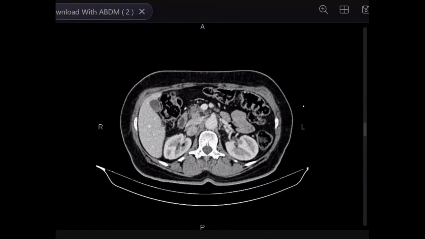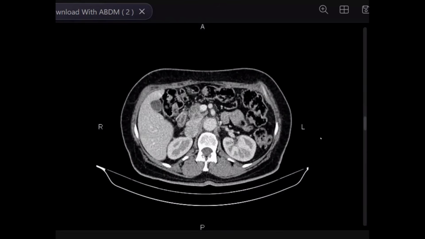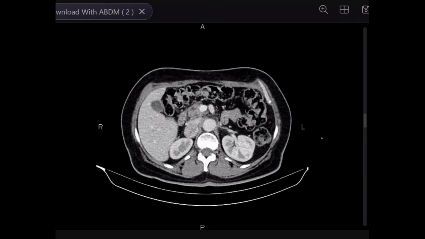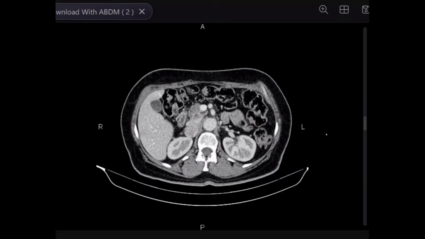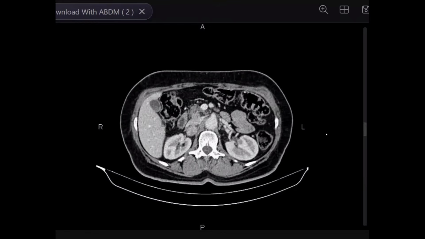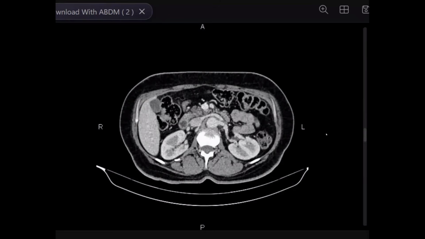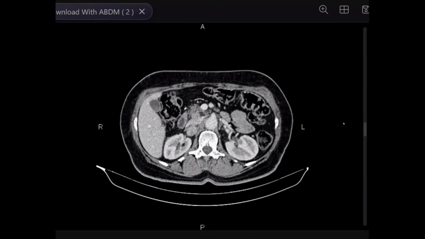It is possible that it could be arising from the IVC, or it could be coming from the retroperitoneal fat itself and closely abutting or invading the IVC. I think it is abutting the IVC, not infiltrating it.